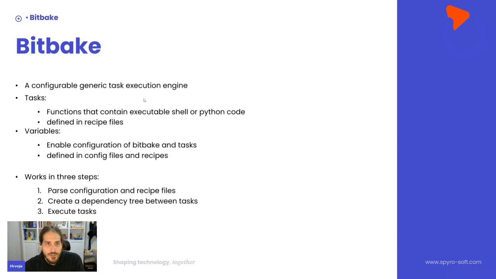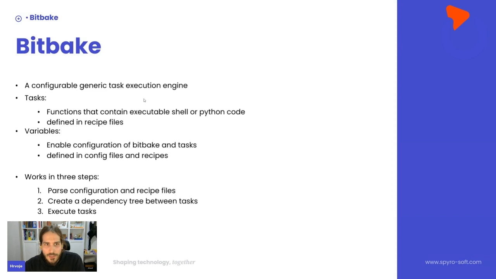Now, what are these tasks that BitBake is executing? The tasks are actually just simple functions that contain either executable shell code or Python code, and they are mostly defined in the recipe files. Alongside the tasks in recipe files, we can also find a lot of variables that enable us to configure BitBake and the tasks that BitBake is running.